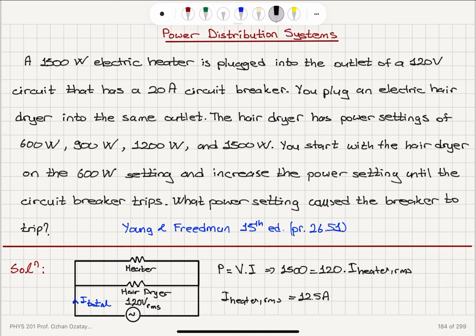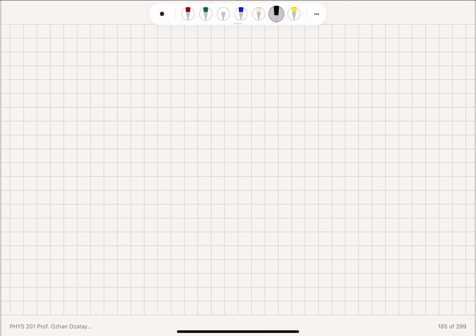The total RMS current that flows through this circuit will be the sum of the current flowing through the heater and through the hair dryer. So I can write I total RMS is equal to I heater RMS plus I dryer RMS.